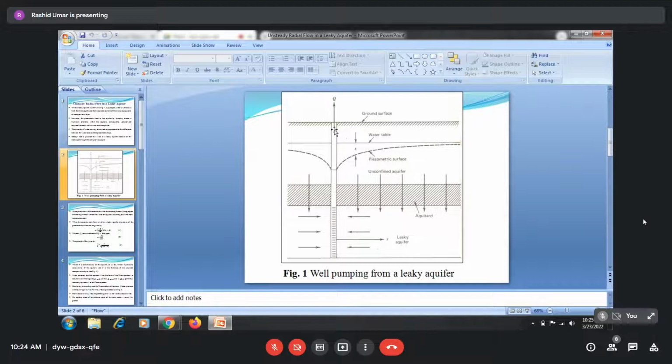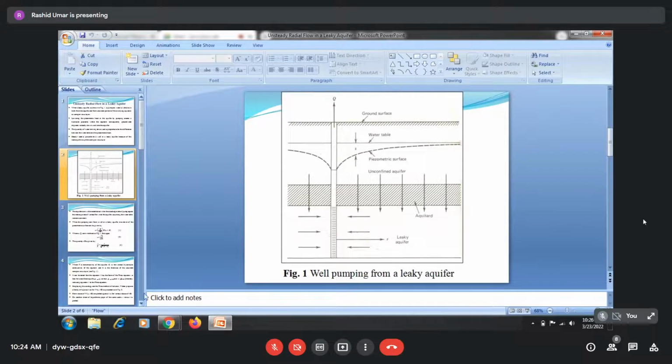We first measure the non-pumping piezometric surface, and then start measuring the pumping water levels at well-defined time intervals. Then we subtract the pumping water level from the non-pumping water level, so we obtain the value of drawdown.